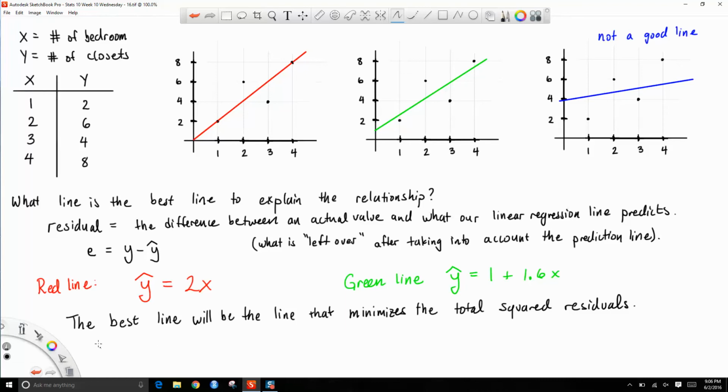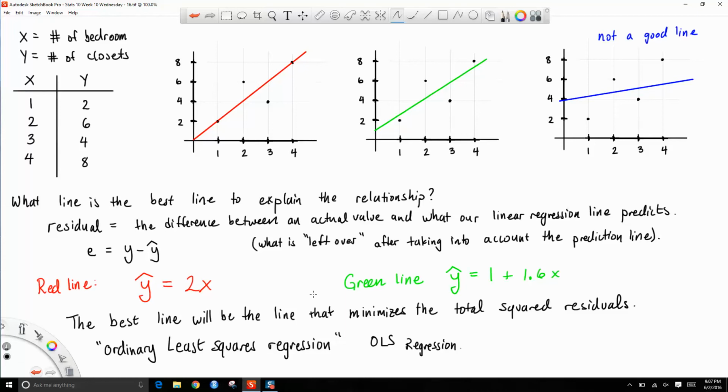The O is for ordinary because there are other methods like weighted least squares regression, and other stuff where people have complicated the process here.